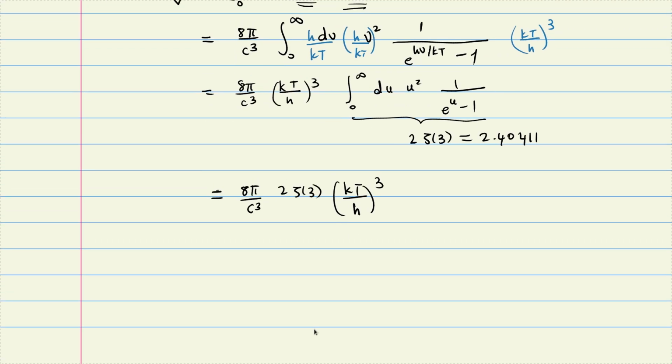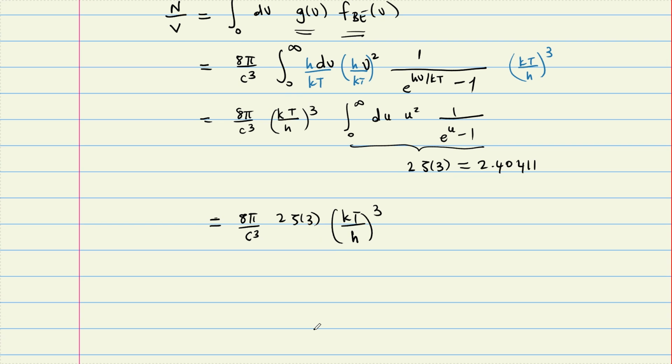Even though we are treating things like a gas in a container, you can see the number of photons is changing with temperature. It's completely different from a classical gas. The number of a classical gas is fixed, but as you increase the temperature, you are going to have more and more photons in a cavity.